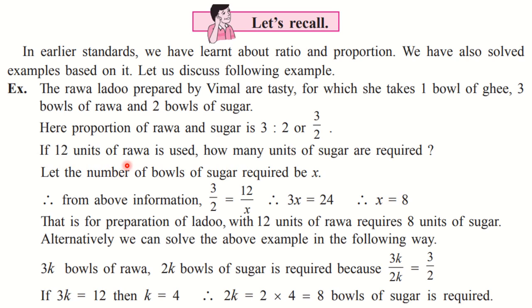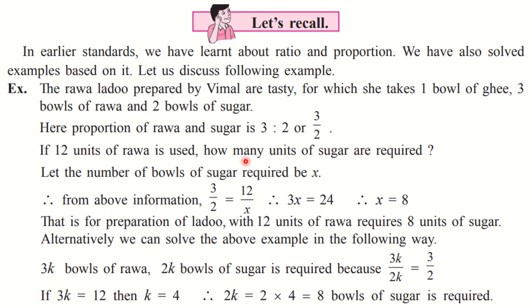of rava are 12. So here this is unknown to us, so let's take that as x. Always you know that whatever unknown is there, we take it as x. So the number of bowls we took as x.